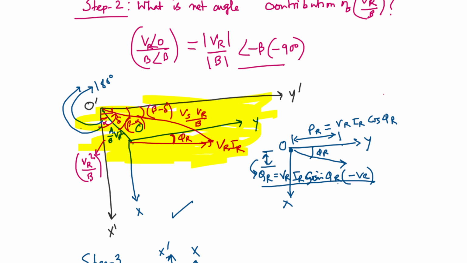With this, only one problem persists: we are getting QR as negative. That is problematic, because for lagging VAR, for inductive load, QR can never be negative.